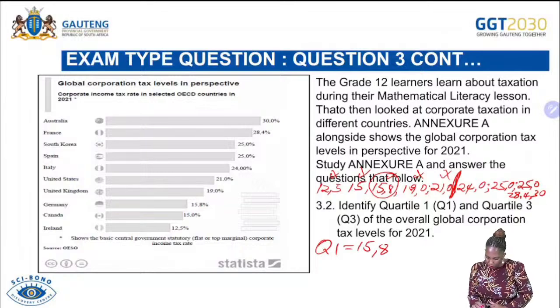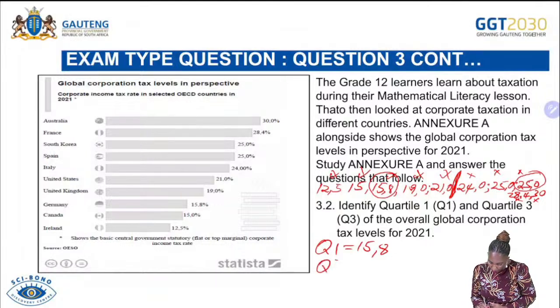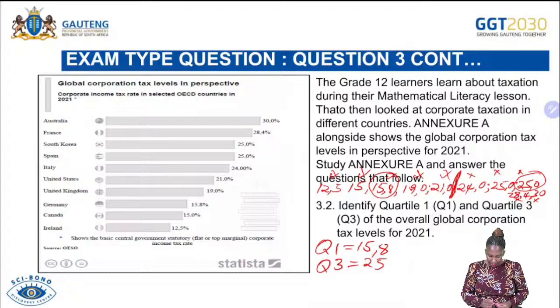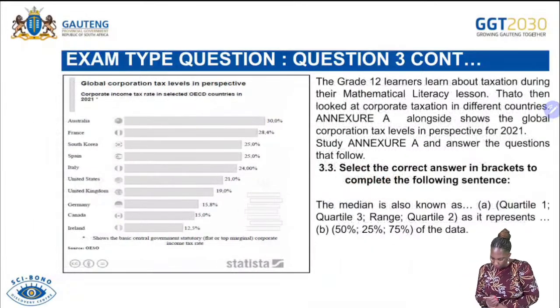And then my Q3, because I have 1, 2, 3, 4, 5, meaning it's 24, 25, 25. So my Q3 will also be 25. I think I've answered. It says identify Q1 and the Q3. I've already done that. Now let's go to the next one.